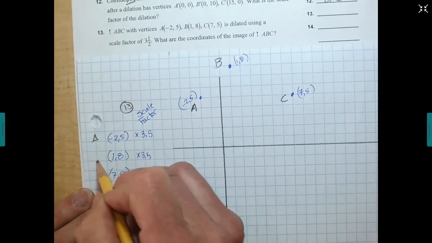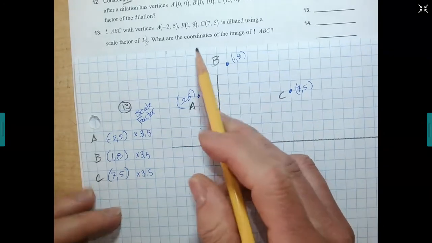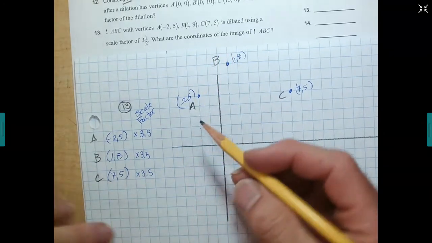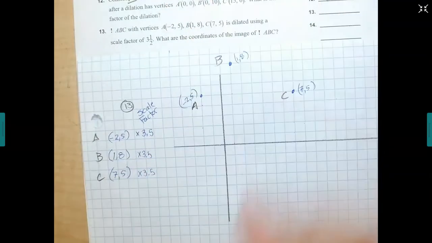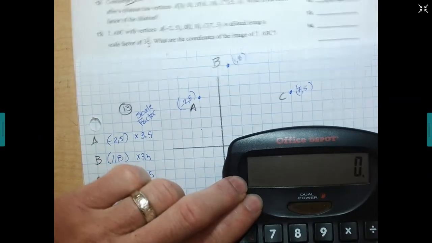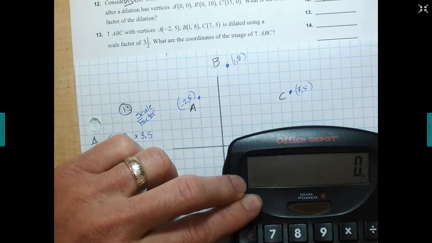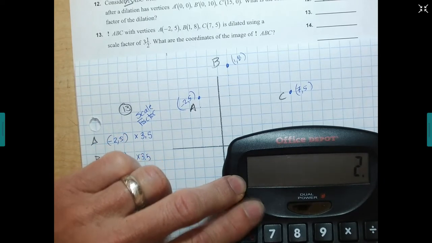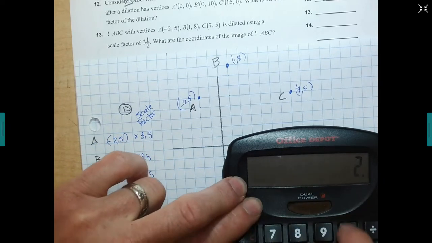So if we have that scale factor, what are the coordinates of our next one? Well, let's get, where's my red pen? We'll do -2 times 3.5.